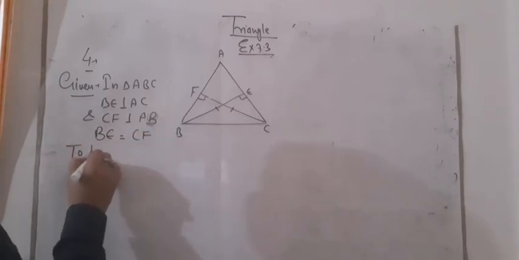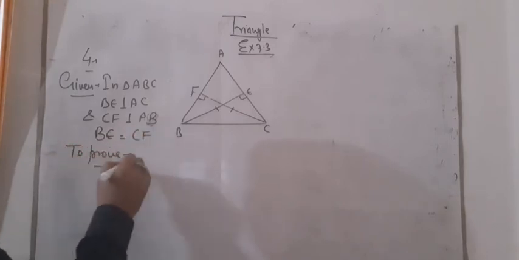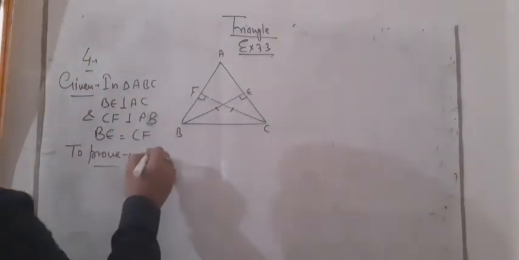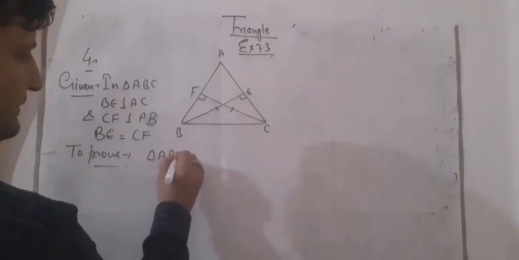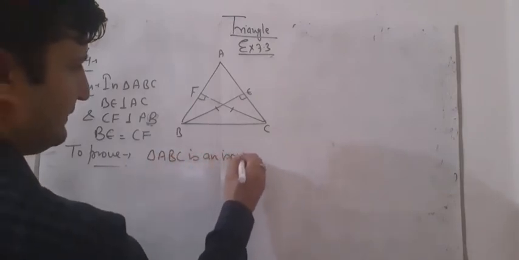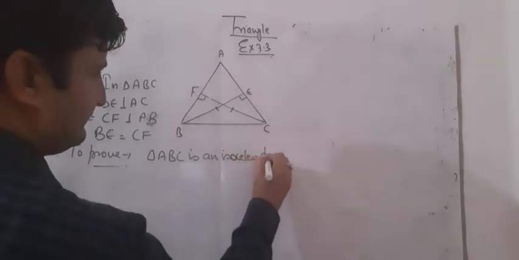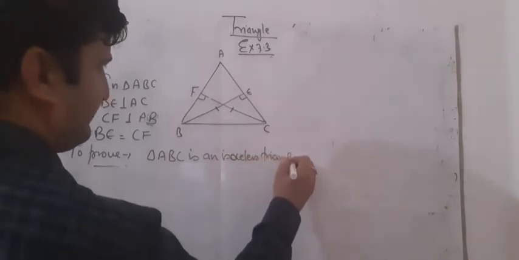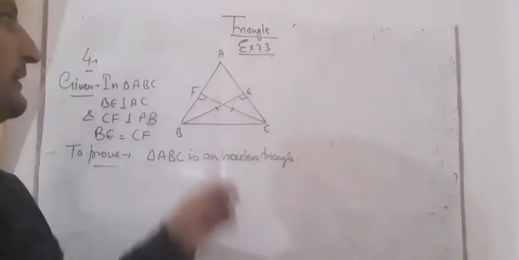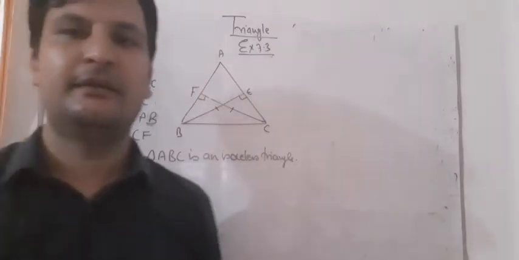Now we have to prove that triangle ABC is an isosceles triangle. Isosceles triangle means we have to prove that the two sides AB and AC are equal.